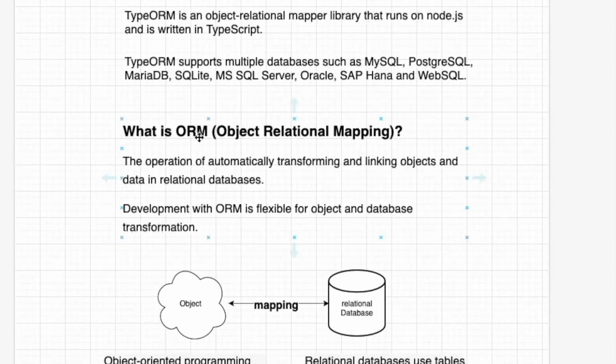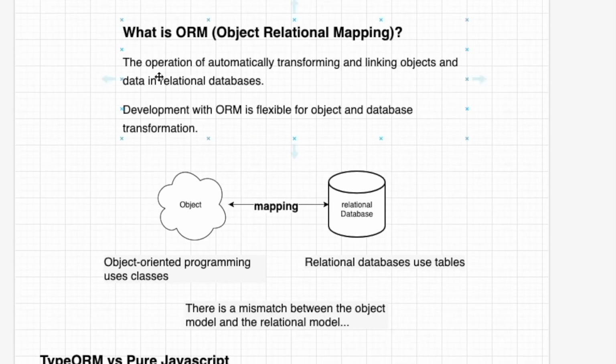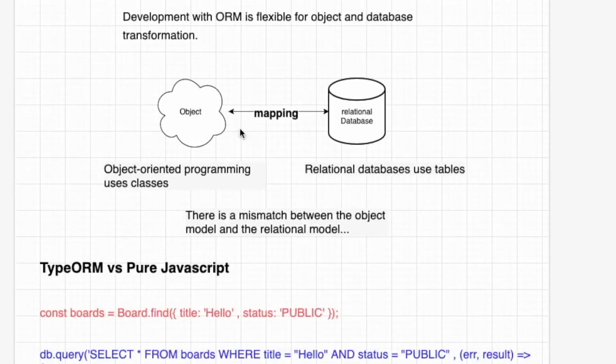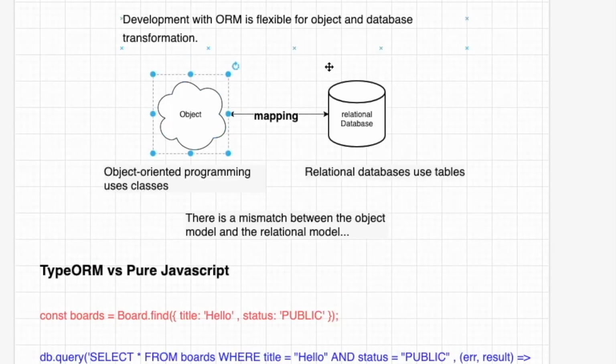And now we want to know what ORM is. It is the operation of automatically transforming and linking objects and data in relational databases. So development with ORM is flexible for object database transformation. In here there is the object and the relational database. Object, like object-oriented programming, uses classes, but the relational database uses tables.